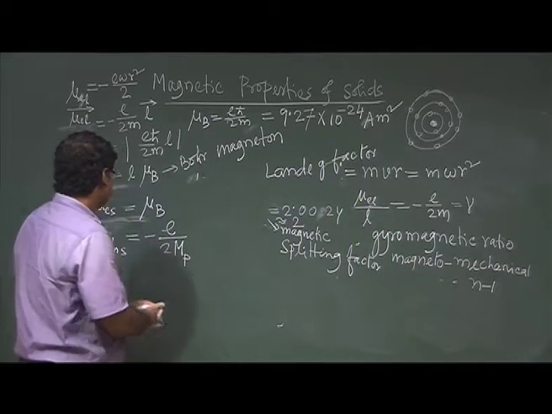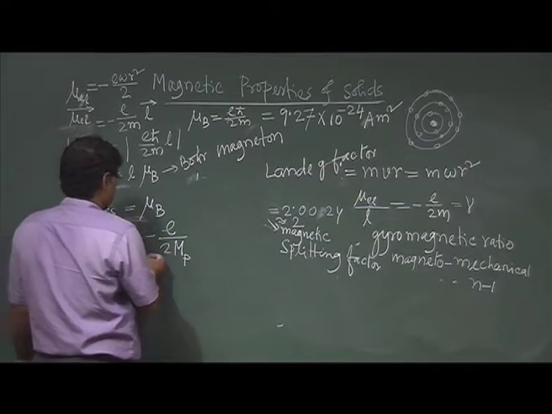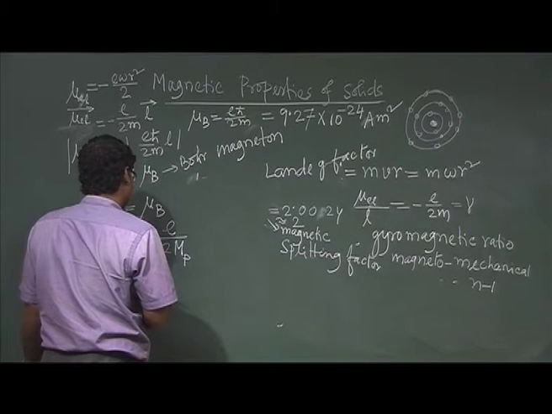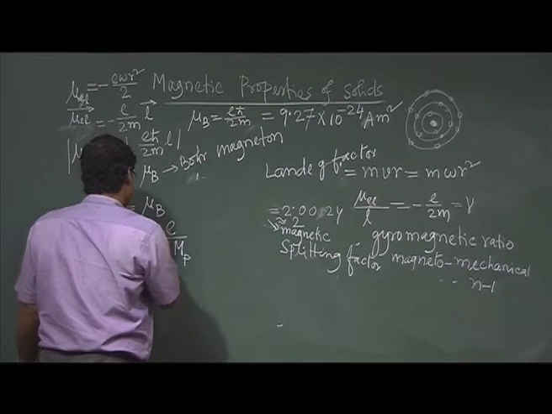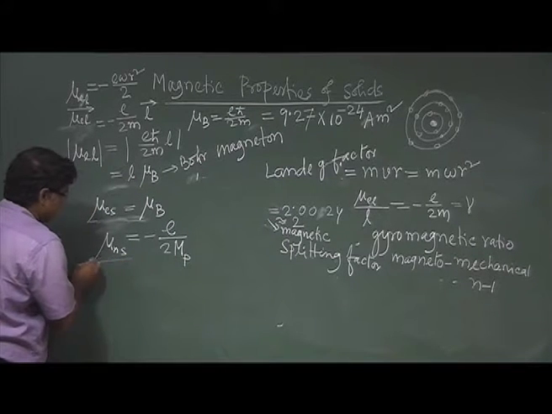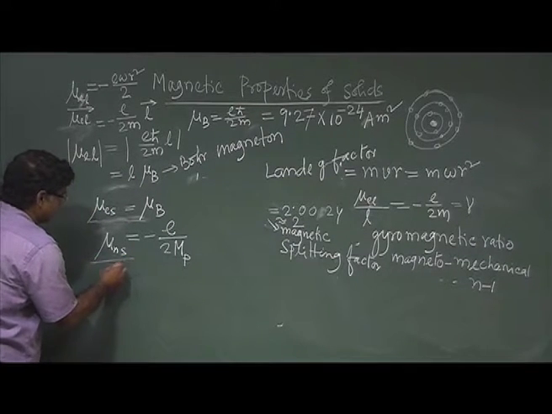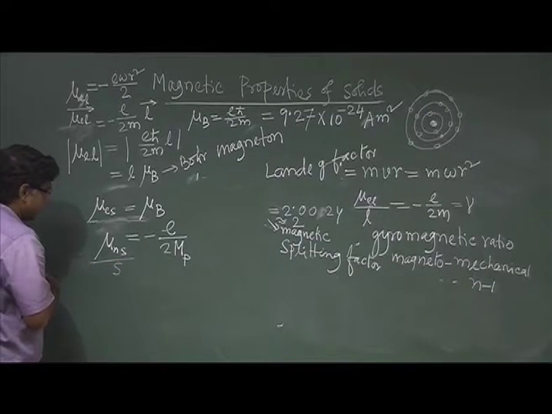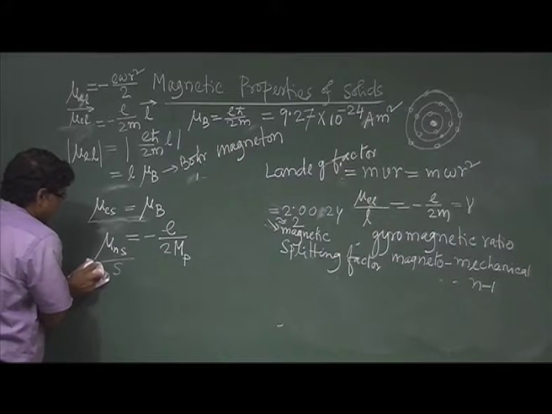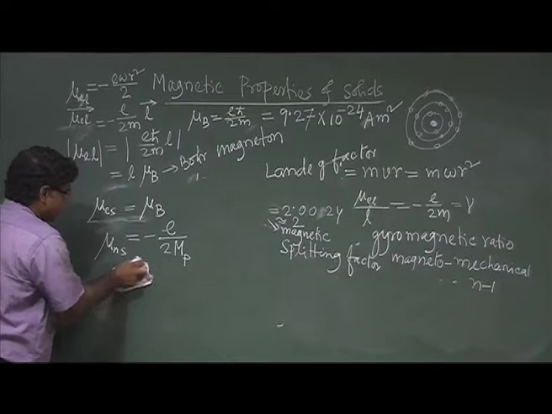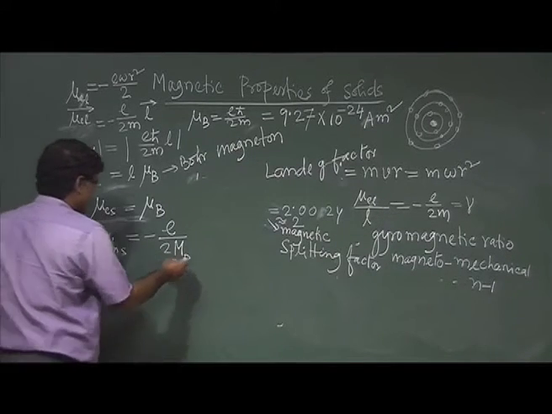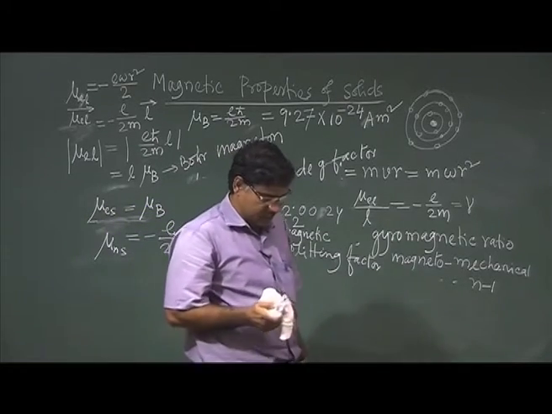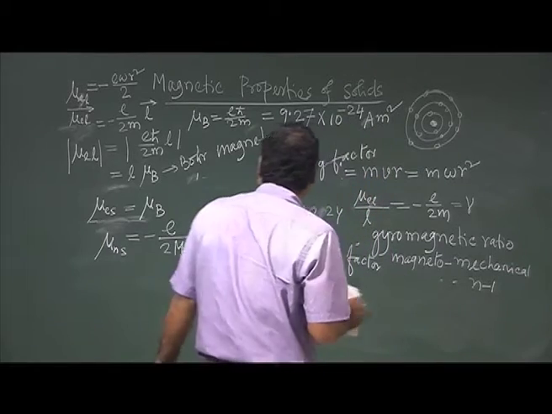So, this will be the ratio for the spinning motion of the nucleus.